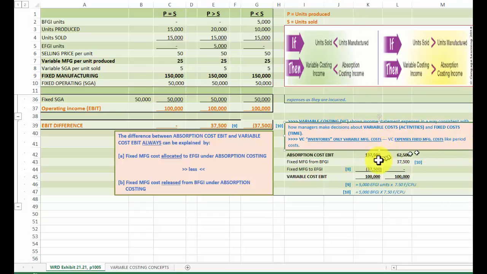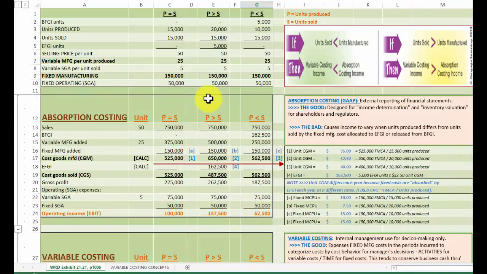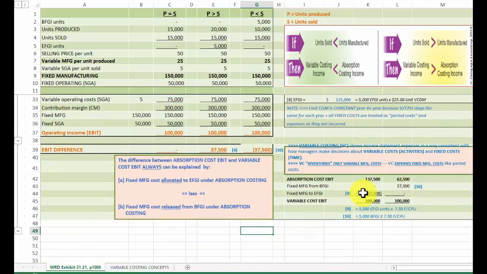And in this case, in year 2, absorption costing profit was $137,500. The amount of fixed costs allocated to ending inventory would be the 5,000 units in ending inventory times the fixed manufacturing costs of $7.50 in ending inventory for period 2, or $37,500.